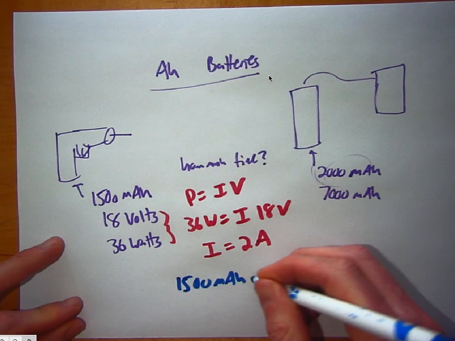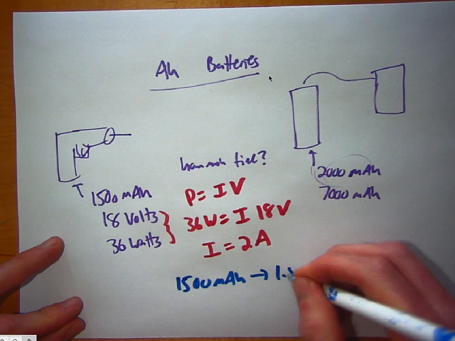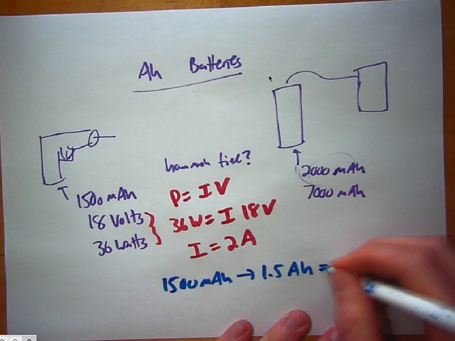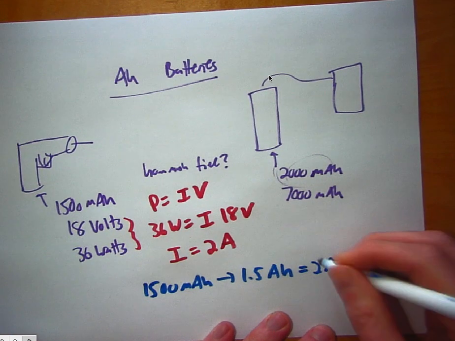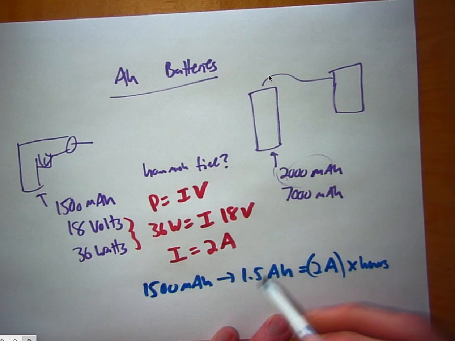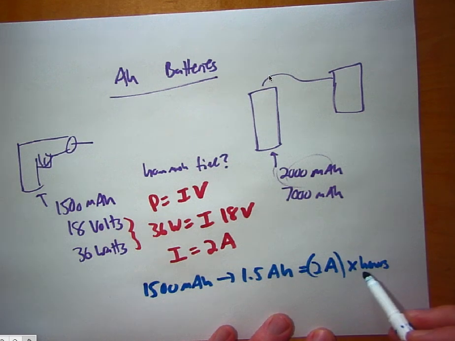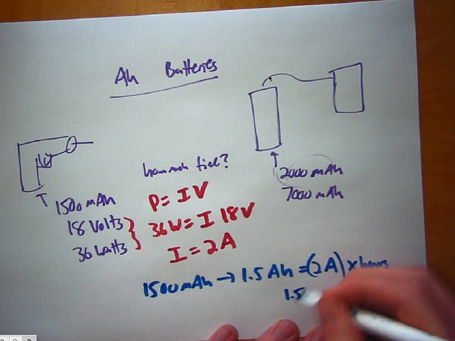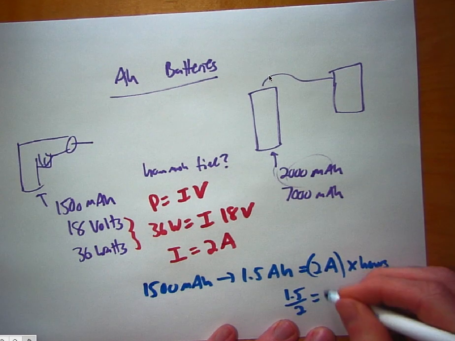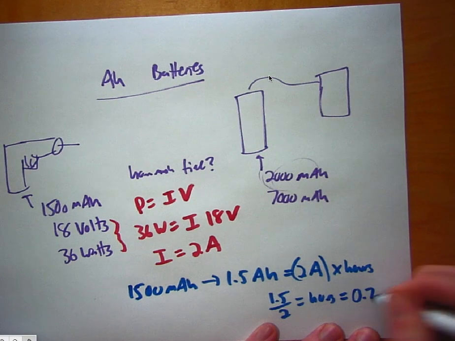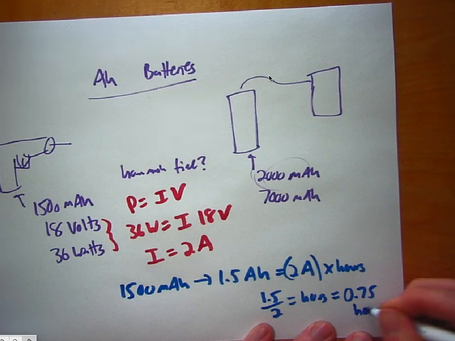Let's change that into 1.5 amp hours. And that's going to equal my 2 amps times X number of hours. So 1.5 amp hours is 2 amps times X hours. Divide both sides by 2, and 1.5 over 2 is going to be my hours. So that's 3/4 of an hour, 0.75 hours.